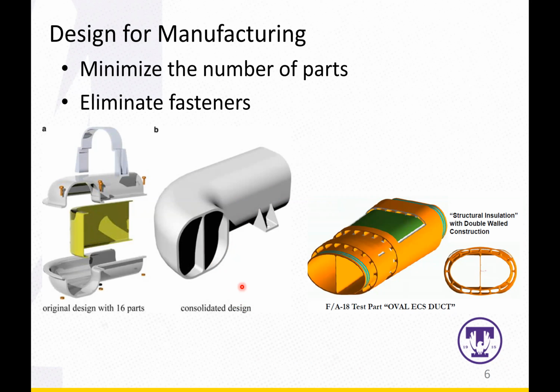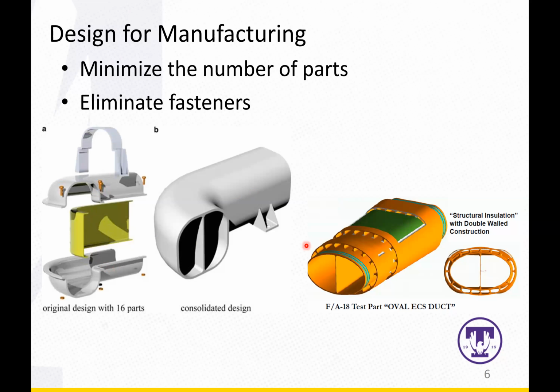The benefit is you don't need the fasteners, you don't need to do the assemblies, and you can have the part as a whole without different assemblies. Hopefully the mechanical properties of this part will be better, meaning it might be stronger and more resistant compared to the original product.